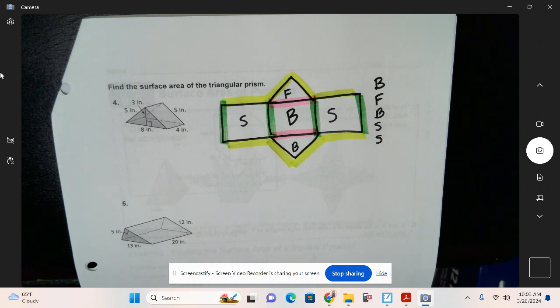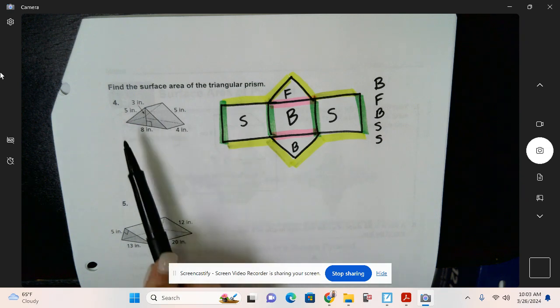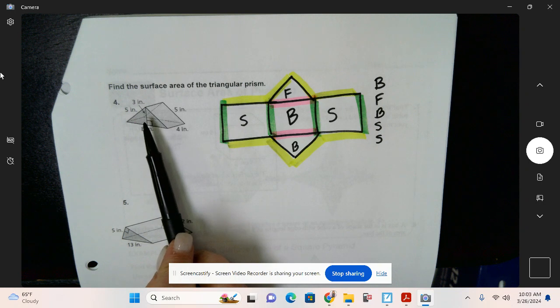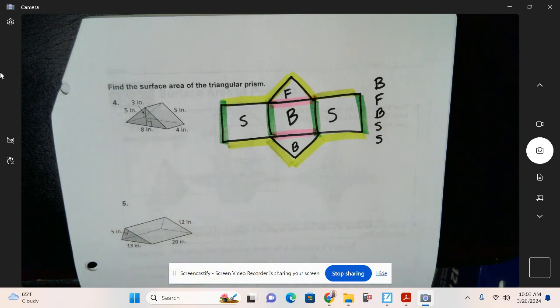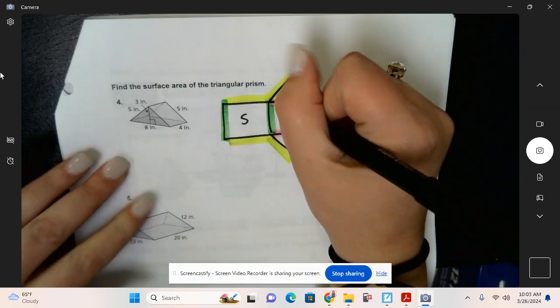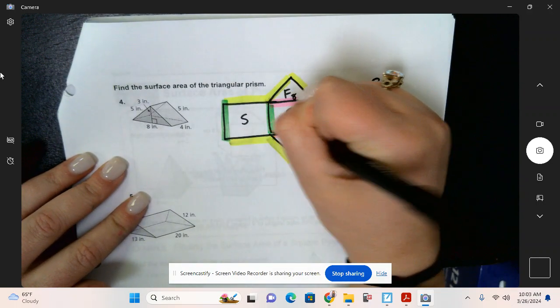I'm going to start with the base of my triangle. So I'm going to look at the 3D form. What is the base or the bottom of the triangle? How long is it? 8. So the bottom of my triangle is 8.